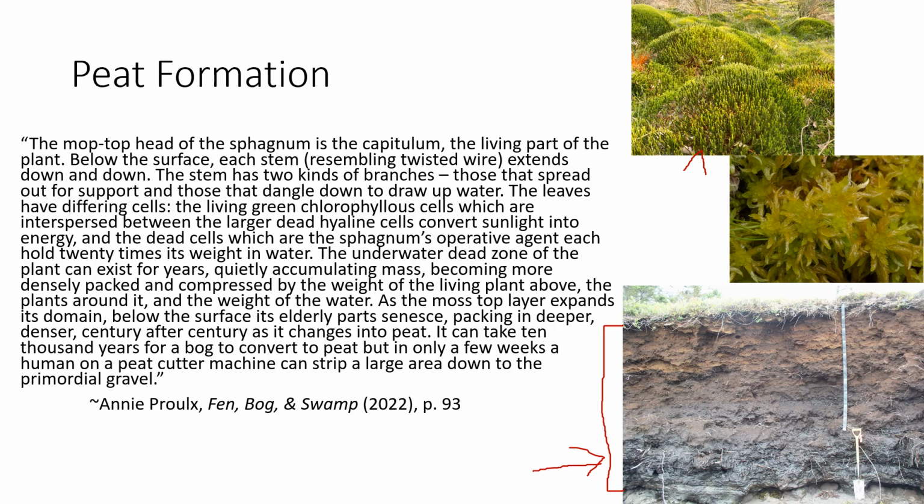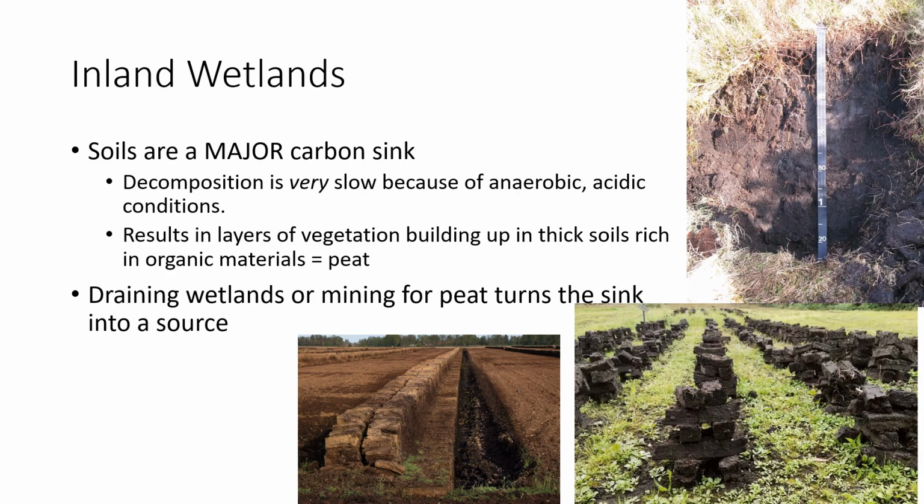In fact, that is the first stage of coal formation right there. And just like coal, we can dig it up and in this case let it dry and burn it. It burns just like wood, really, because it's basically just concentrated carbon. A person on a peat cutter machine can just strip out a whole section of peat that takes thousands of years to form, like she said, in a day.